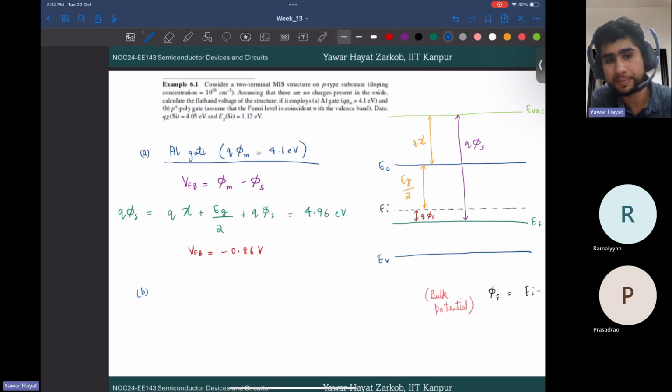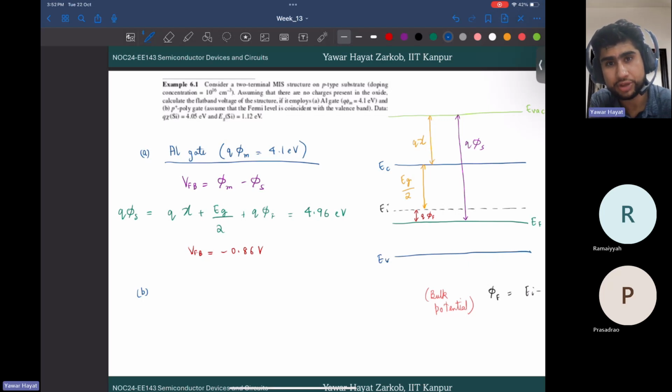What about part B now? What thing will remain same for part B? Electron affinity. Even more than that.